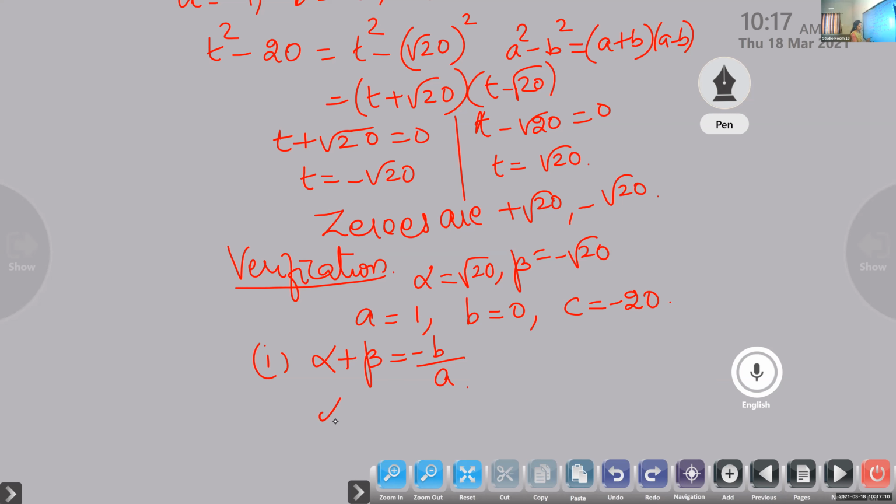So now find out what is alpha plus beta.